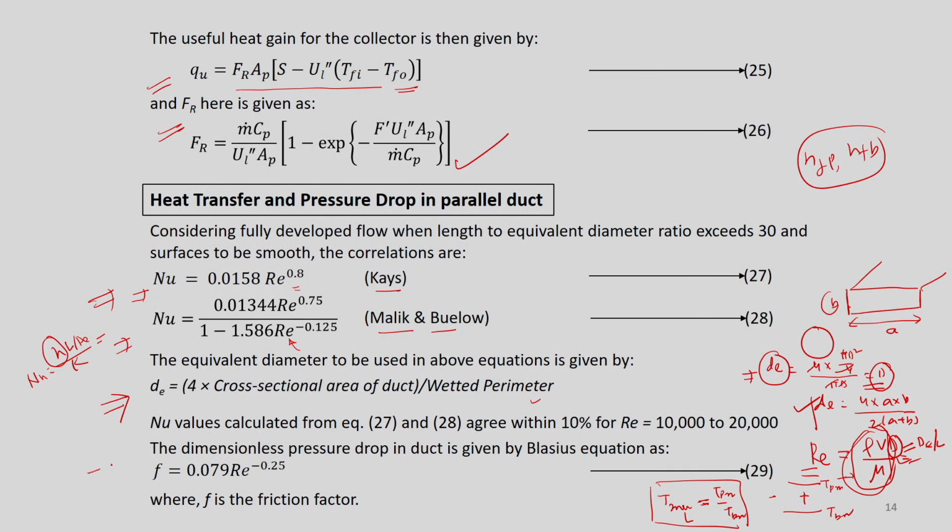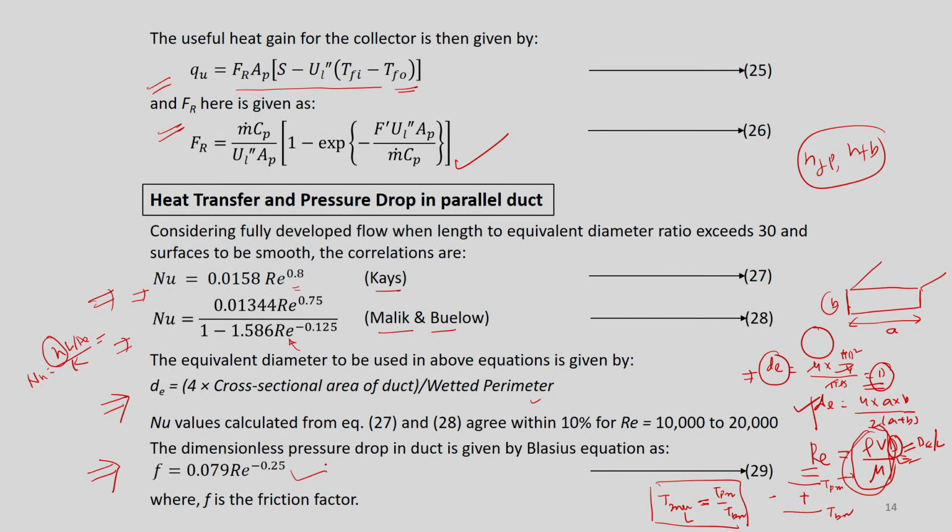Also, we need to calculate the friction factor for this kind of arrangement, because as you can understand, here we need a blower to blow air. If we have a very rough surface over which air flows, what will happen? Pressure drop will be there.